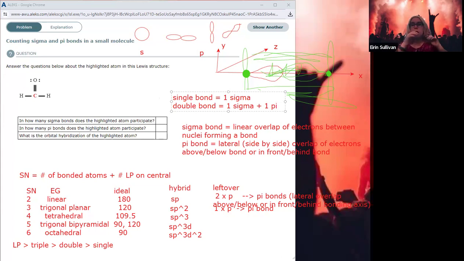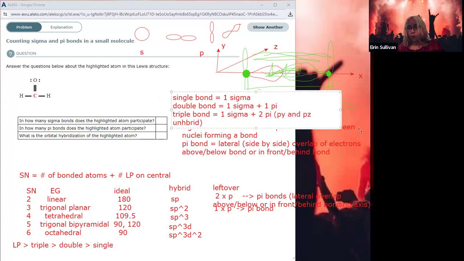So that's your sigma, and then the pi is like bonus bonding, which is from the unhybridized p orbitals above and below the plane when the bond's being made. A triple bond has double bonus. So you have one sigma bond that's forming the actual bond between the nuclei, and then one pi above and below that bonding axis, and a second pi in front and behind. So that's coming from overlap of the unhybridized py and pz.